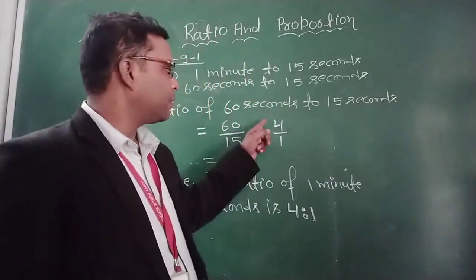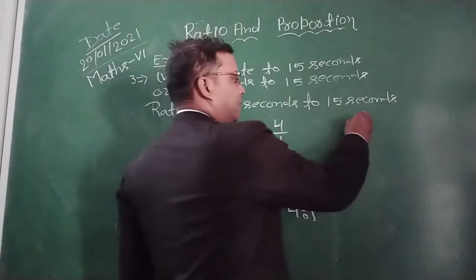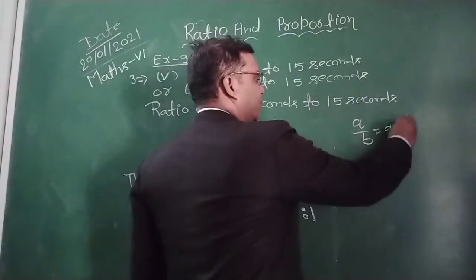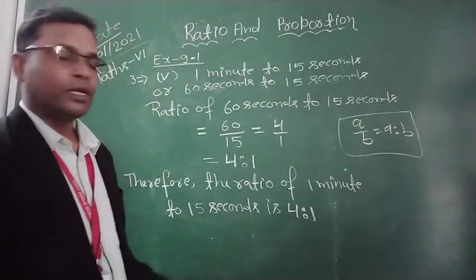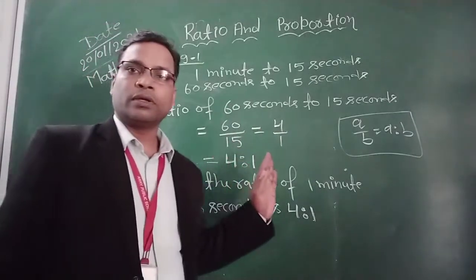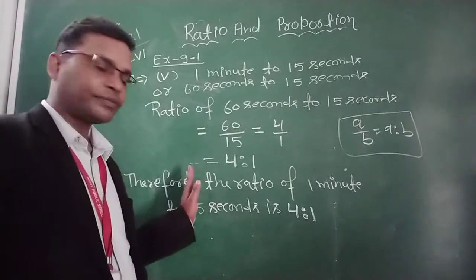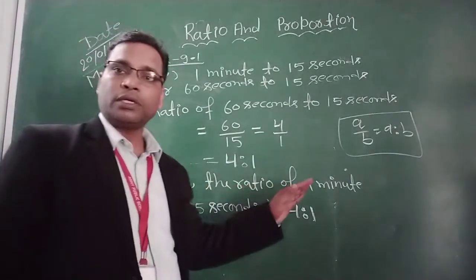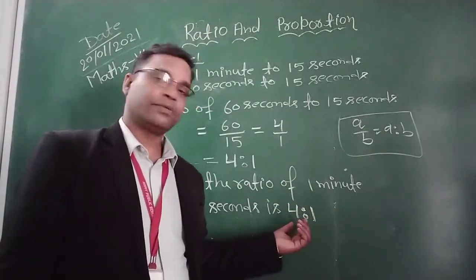So we have 4 by 1, and you know very well A by B is equal to A ratio B. So here we have 4 by 1. This is equal to 4 ratio 1. This is clear. So at last you can write here therefore the ratio of 1 minute to 15 seconds is 4 ratio 1.